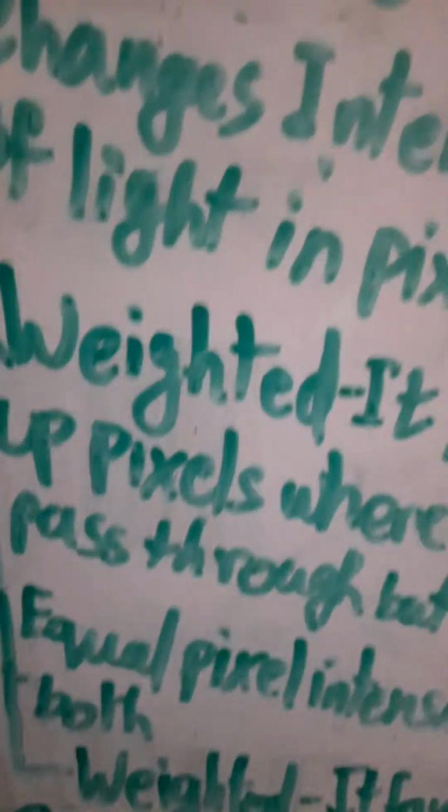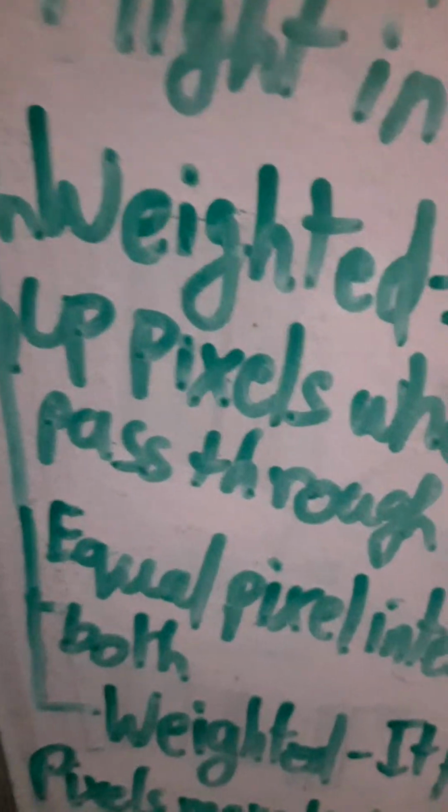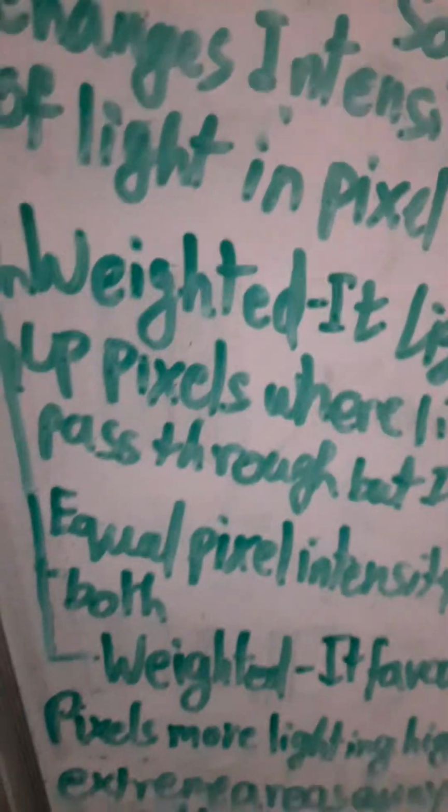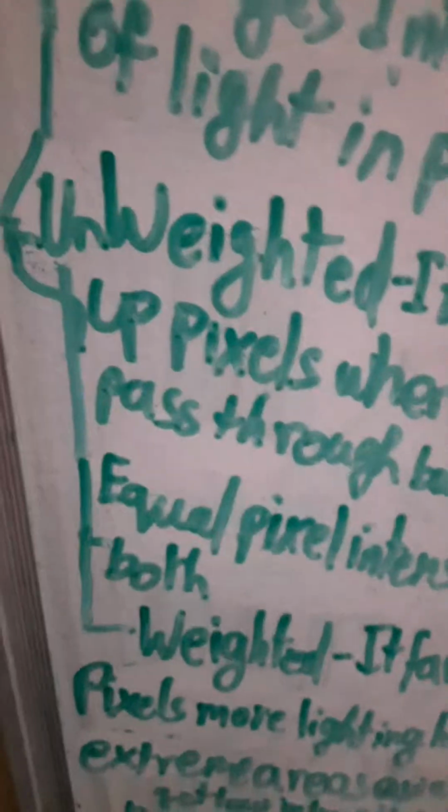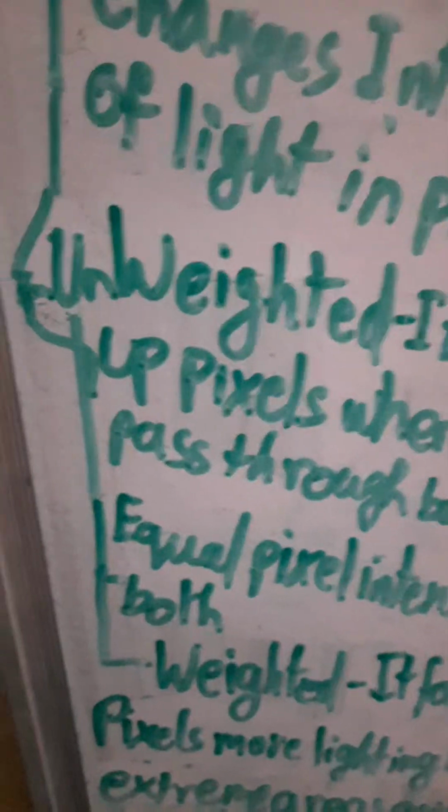So weighted, as you see the word, gives weightage, or it favors something, it is biased. And unweighted is unbiased. Like everyone loves freedom and equality, which never exists in our true world. There would be differences, or let's say discriminations. But in ideals we do talk about equality.